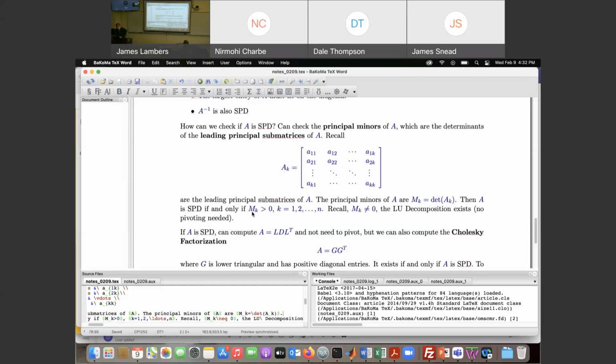I mean, you might want to pivot to minimize round-off error, but it's never absolutely necessary. You will never be in a situation where Gauss elimination will break down due to having to divide by 0. So that's one nice thing about symmetric positive definite matrices, especially if it's banded: you can get away without pivoting.